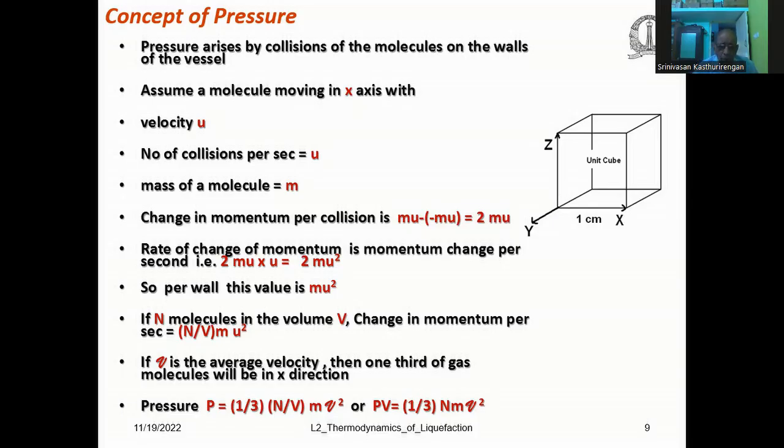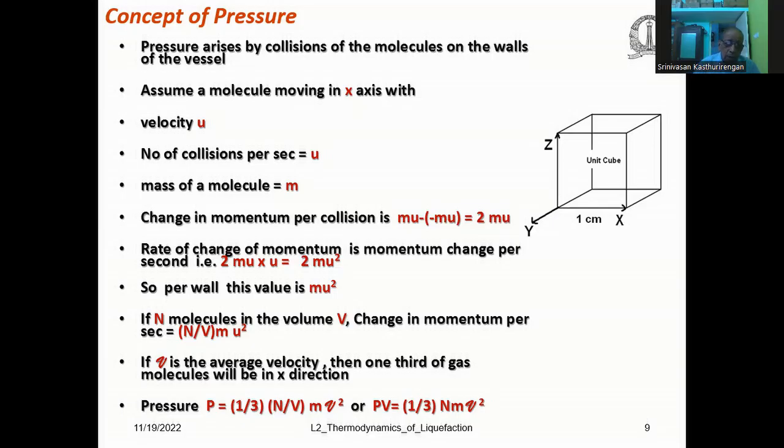And what will be the change in momentum per collision? It will be mu minus (minus mu), because the molecule goes and collides and returns in the opposite direction, so the momentum while returning is minus mu. So the change in momentum will be equal to 2 times mu. Now the rate of change of momentum is the total momentum change per second.